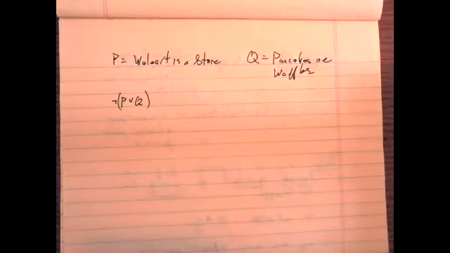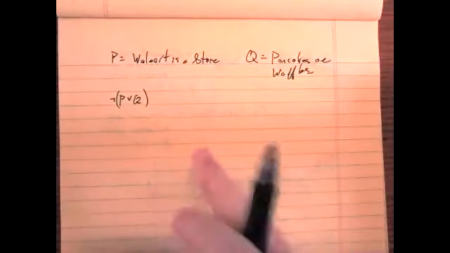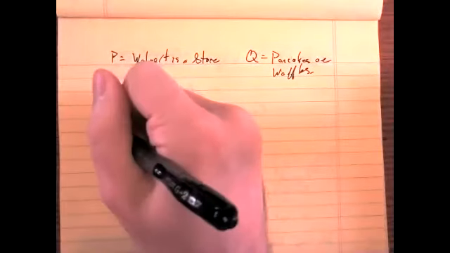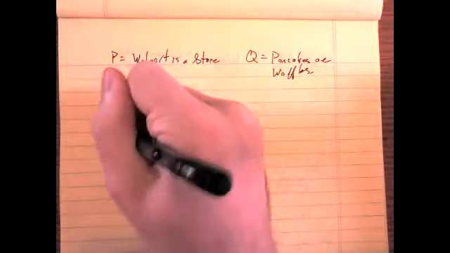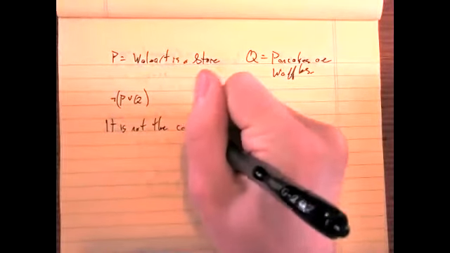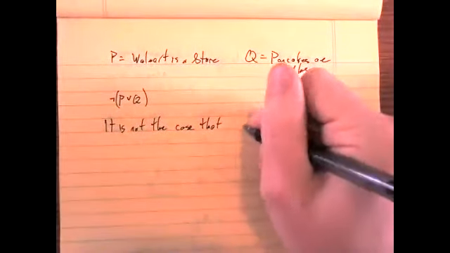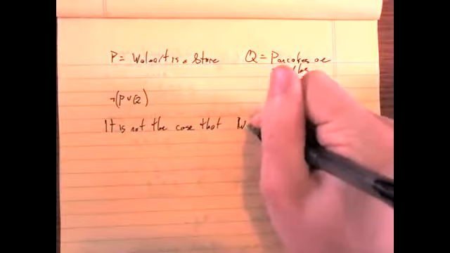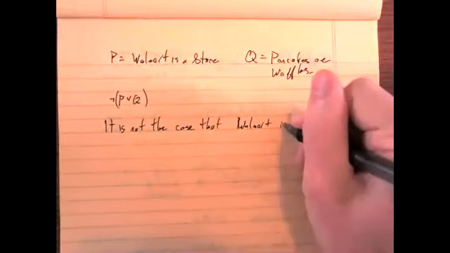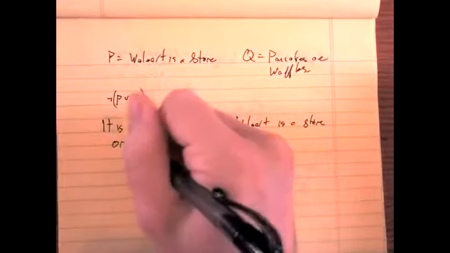So just to make sure that I'm doing the right construction, I'm going to use the it is not the case that. So it is not the case that Walmart is a store or pancakes are waffles.